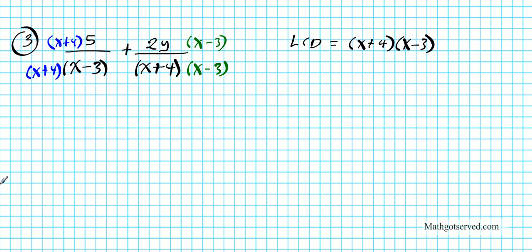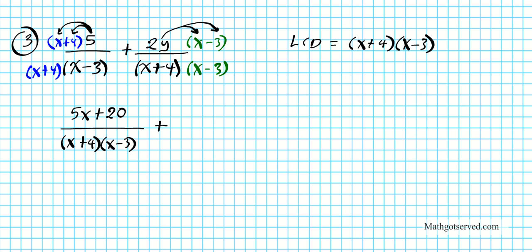Now we're going to distribute the 5 to x and then to the 4. So we're going to have 5x plus 20 divided by x plus 4 times x minus 3, plus, on the right side, distribute the 2y to the x and then to the negative 3.